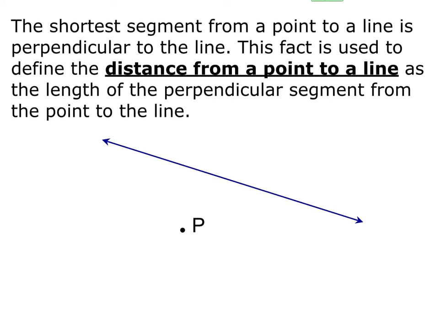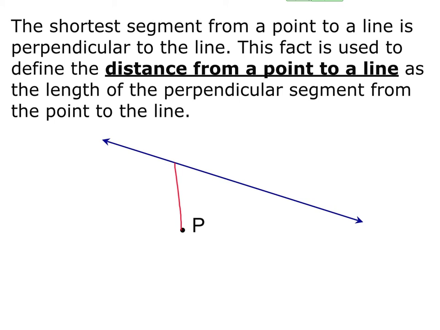Okay, the shortest segment from a point to a line is perpendicular to that line. So we're going to use that fact when we define what we mean by the distance from a point to a line. Because if I would give you this drawing and have you measure, I would guess some might say, okay, I'll measure from here to here.